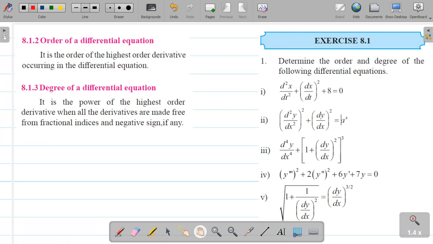Now what do you mean by order of a differential equation? How will you determine it? It is the order of the highest order derivative occurring in that differential equation.